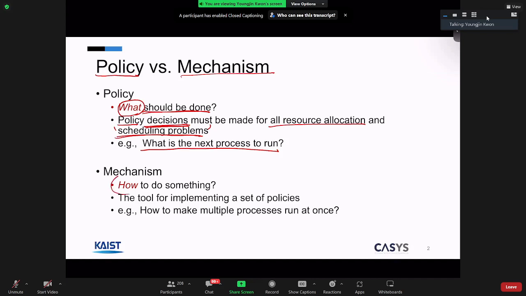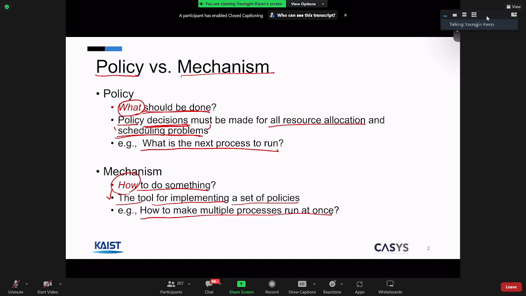Then, what is mechanism? Mechanism is about how to do something. Policy is about what, mechanism is about how. Mechanism is a tool for implementing a set of policies. This is a vague wording, but here's a mechanism question: how to make multiple processes run at once?